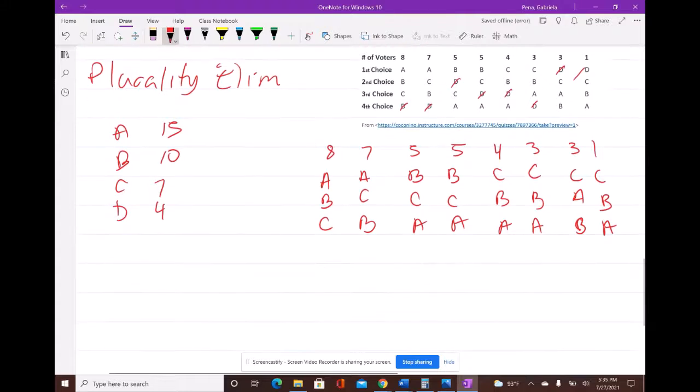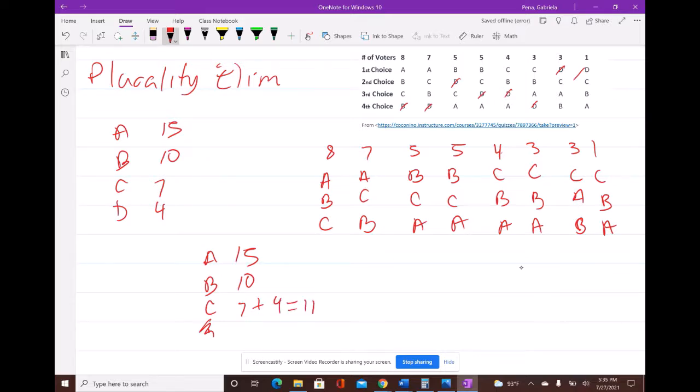Okay, so now that I've done this, we're going to do this A, B, C, and there's no D count. So A has 15, B has 10 right there, C has 7 plus 4, which is 11.